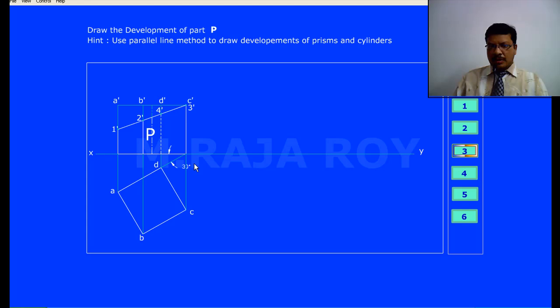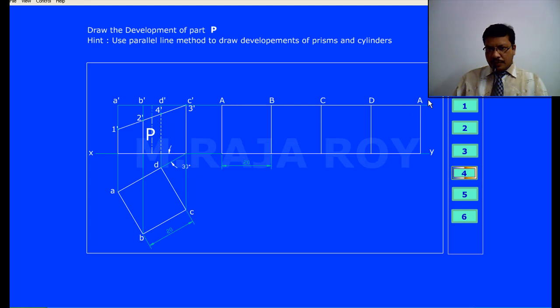Now how to transfer all these points onto the development? Here for drawing the developments of prisms and cylinders, we have a method called parallel line method. So what we will do in parallel line method is you have to draw two parallel lines from top base and bottom base as shown here.